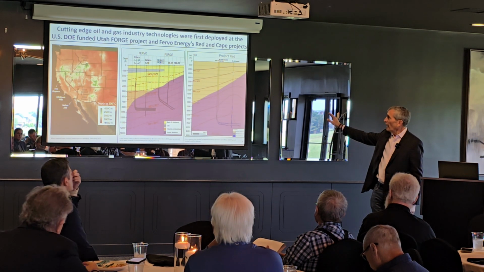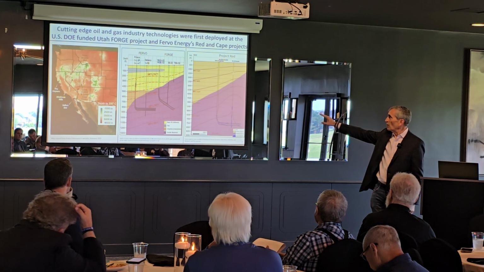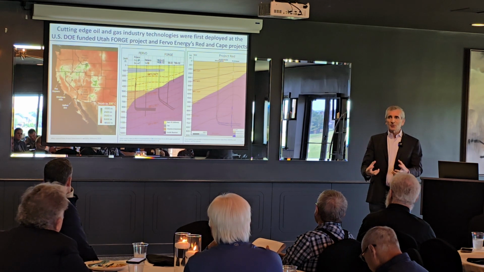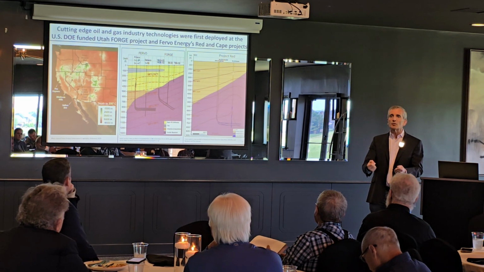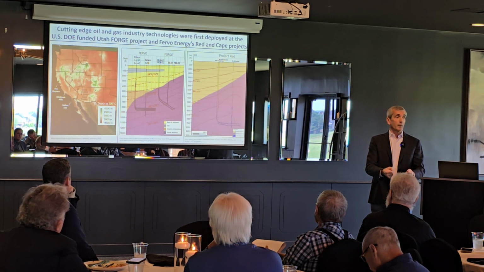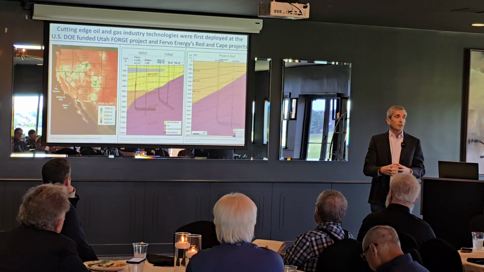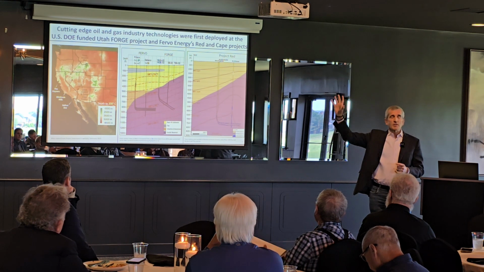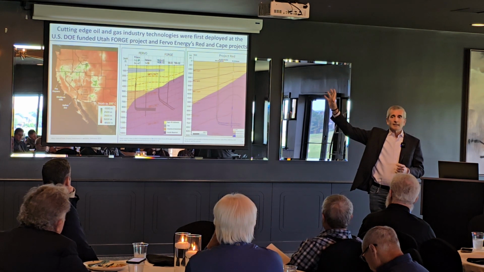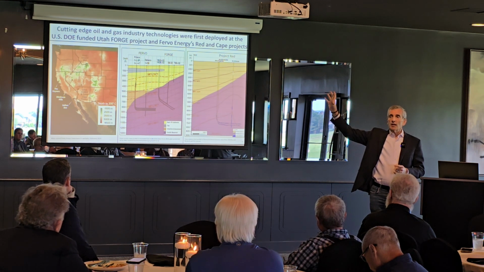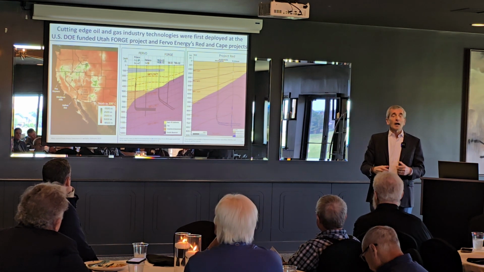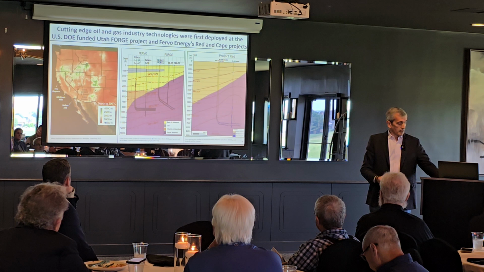And then they immediately moved back to Utah and offset the Utah Forge wells, and they're in the process of drilling a 100-well development right now at what they call their Cape project. And this project's going to generate 0.5 gigawatts of electricity. I'll show you the numbers on that and compare it to what's being generated in geothermal today, but that's a big, big project. So a lot of advancements have been made.